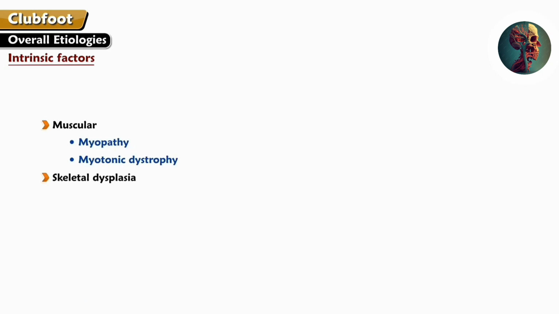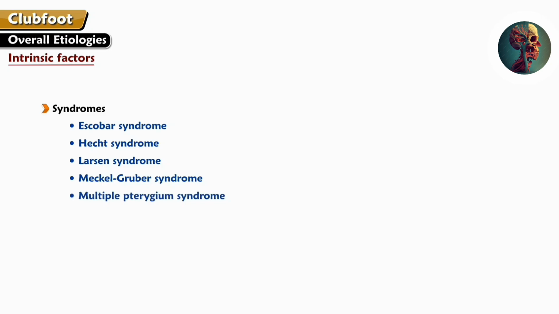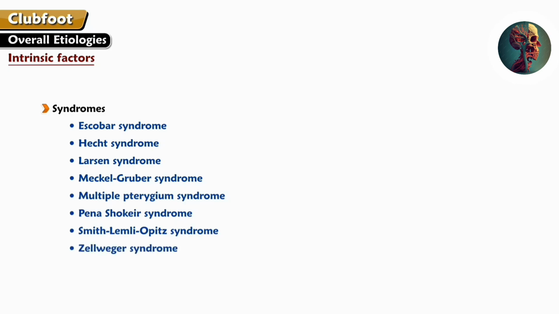Skeletal dysplasia: campomelic dysplasia, chondrodysplasia punctata, diastrophic dysplasia, Ellis-van Creveld dysplasia. Certain syndromes like Escobar syndrome, Hers syndrome, Larsen syndrome, Meckel-Gruber syndrome, multiple pterygium, Pena-Shokeir syndrome, Smith-Lemli-Opitz syndrome, and Zellweger syndrome can all result in clubfoot.